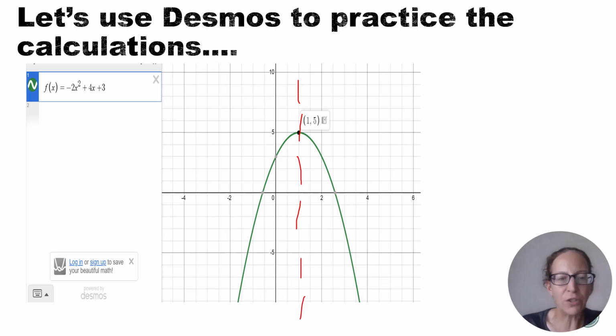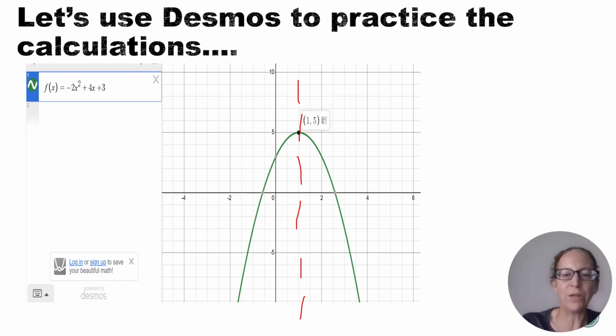And you can see that we do have symmetrical points. So we have a point over here, and then we have the mirror point over here on the x-axis. And you could literally count, like it is 1, 2, 3 blocks from that point to the axis of symmetry, and 1, 2, 3 blocks again from that point to the axis of symmetry.